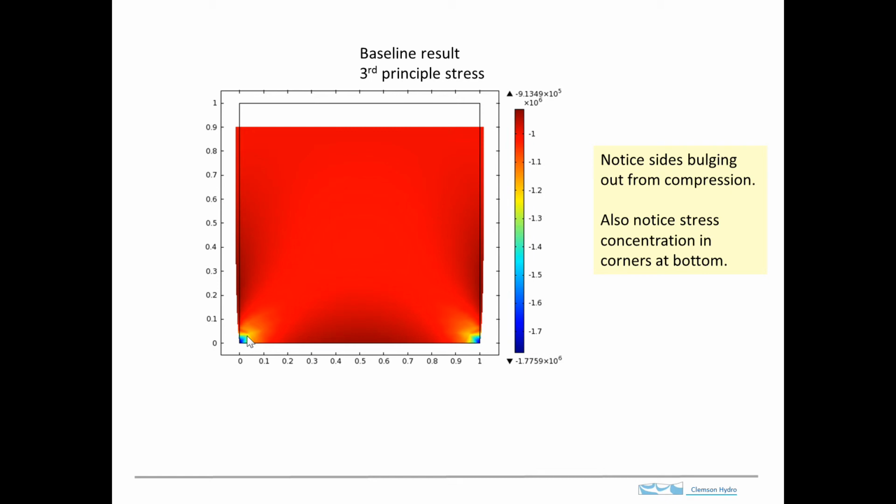It depends on the problem that we're solving, but this may be a difficulty, because we may want a situation where we're interested in creating a certain stress state in here, and that's what we're really focused on. And we don't want these stress concentrations that are a result of the boundary.